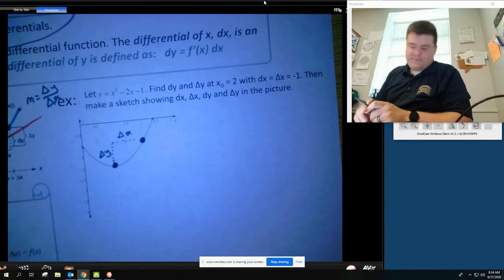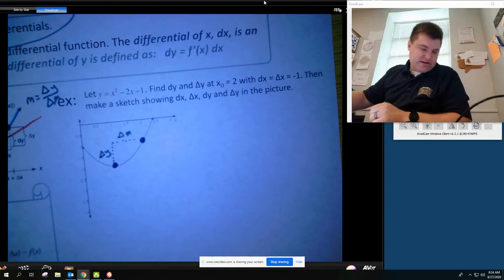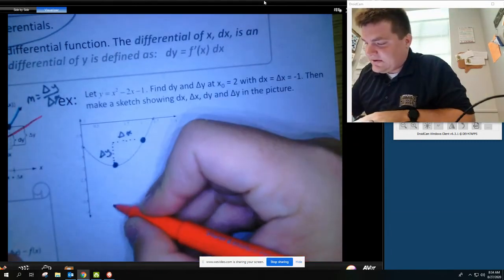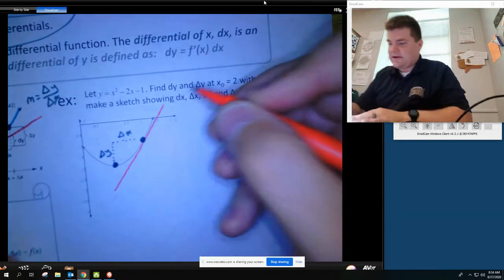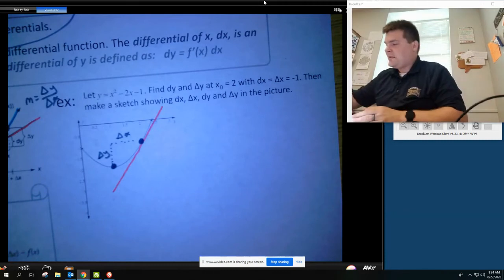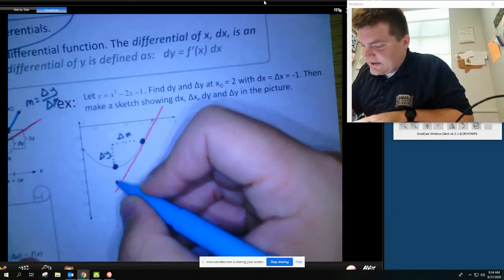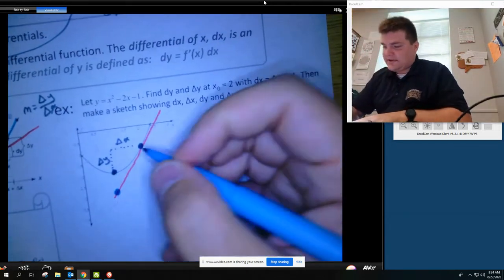All right. Now, if I were to draw a tangent line, I'm just going to do a little bit of an estimate of the tangent line right here. Being red, let's say that this right here is my tangent line. Now if I were to keep extending this line in blue, I would get this right here.